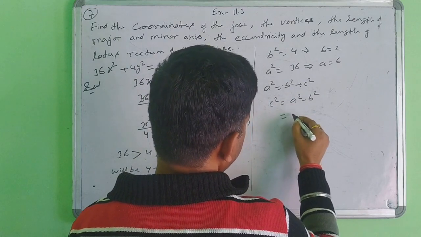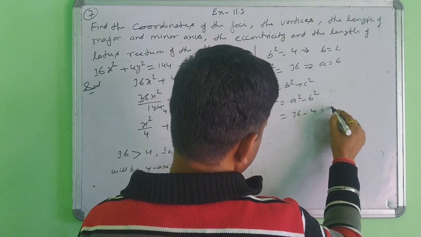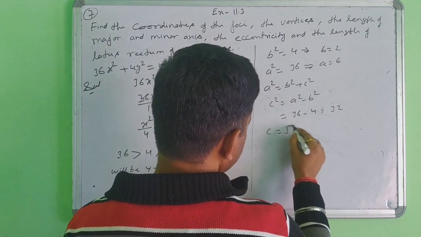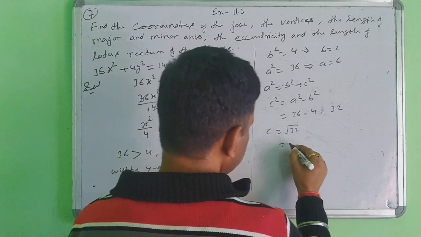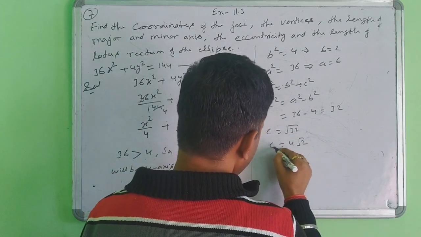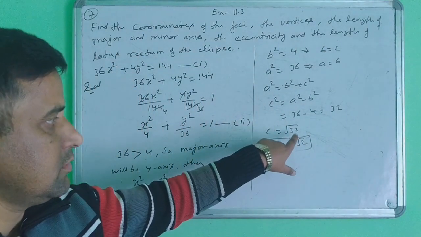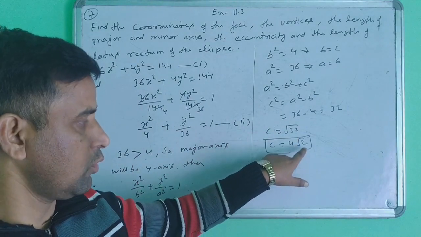Putting a square as 36 and b square as 4, this is 32. So what is the value of c? Root 32, which is 16 times 2, so c is 4 root 2.